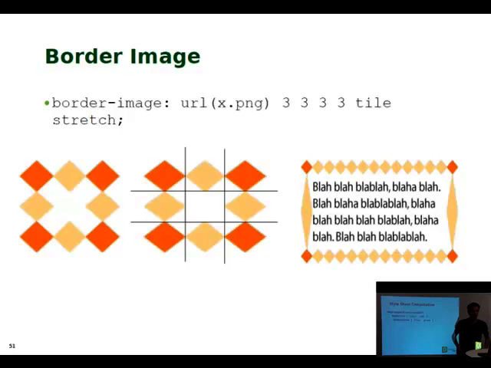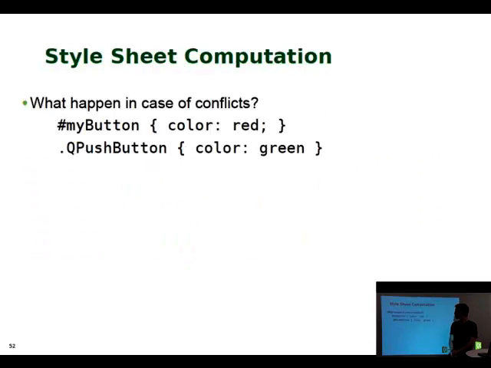So what happens if, for example, we have a QPushButton which is called my button? What rules will apply in that case? Will the button be green or red? The style sheet specification specifies that.